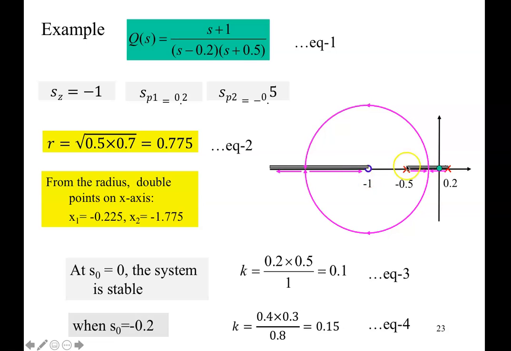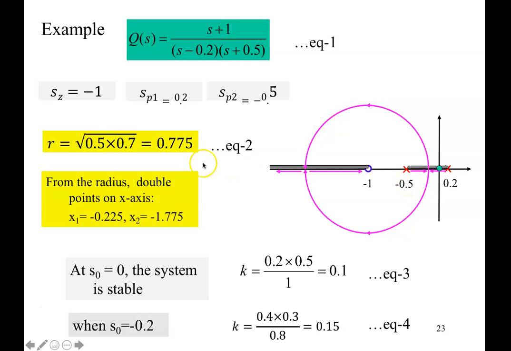So if I identify them on the S-plane, this is one of the open loop poles, positive 0.2. This is the other open loop pole, minus 0.5. This is minus 1, that's the open loop zero. So the open loop zero actually sits on the left-hand side of the two open loop poles. Therefore, my scenario should be true.